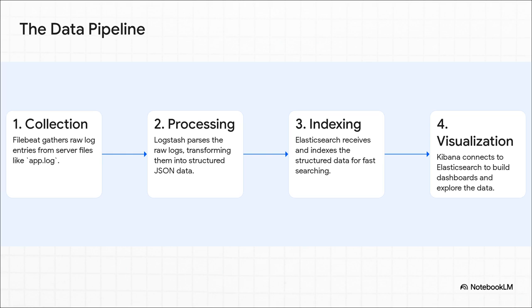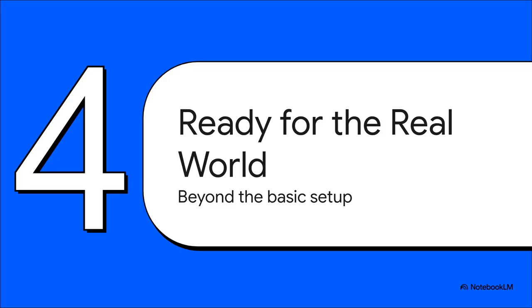Logstash is the star here. It's like a universal translator, turning that mess into clean, structured JSON, giving it context and meaning. Elasticsearch then handles the indexing, making that structured data instantly searchable. And finally, you get the visualization, where Kibana lets you actually ask questions of your data and see the answers come to life.